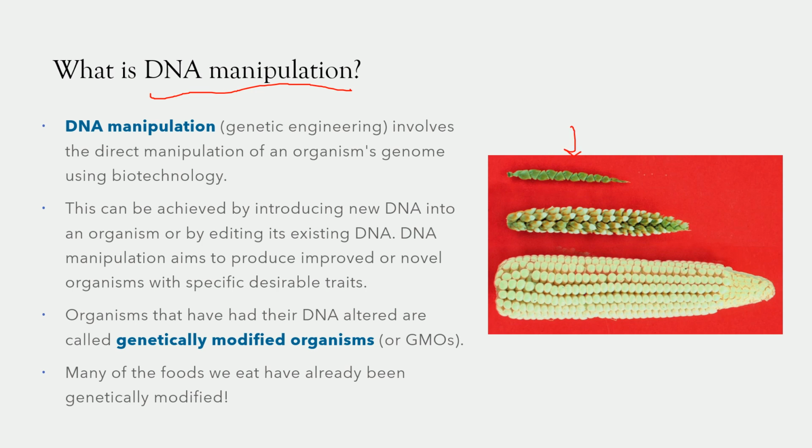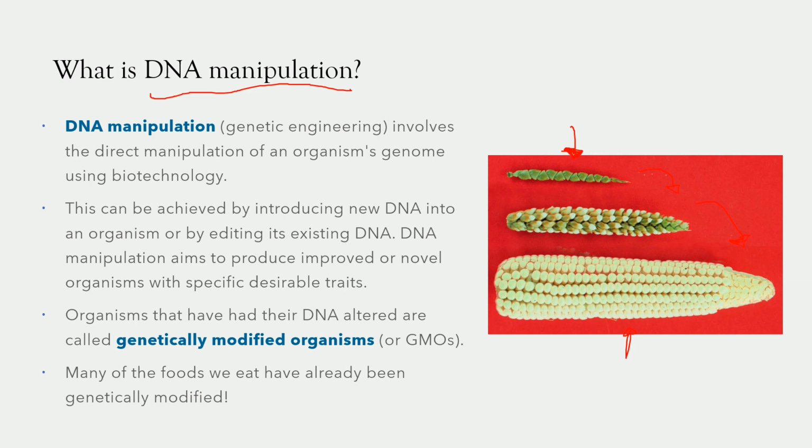So if you look on the right hand side here, this thing at the top, which I personally wouldn't recognize if I saw it, is corn. It's corn as it naturally grows in the environment. And over the last couple of decades, we have genetically modified corn to what it is today.